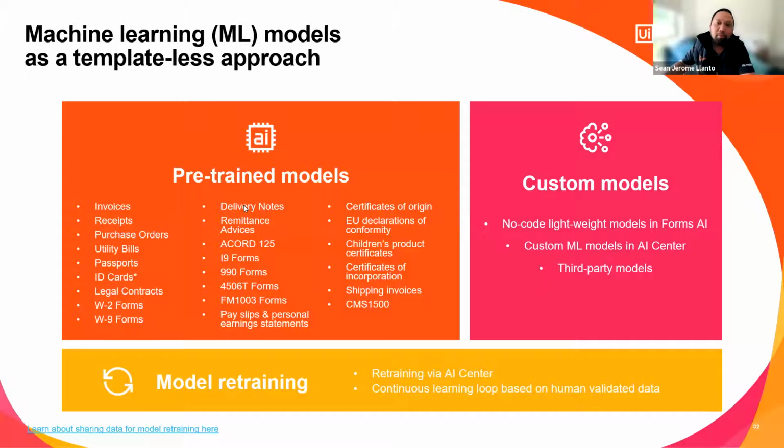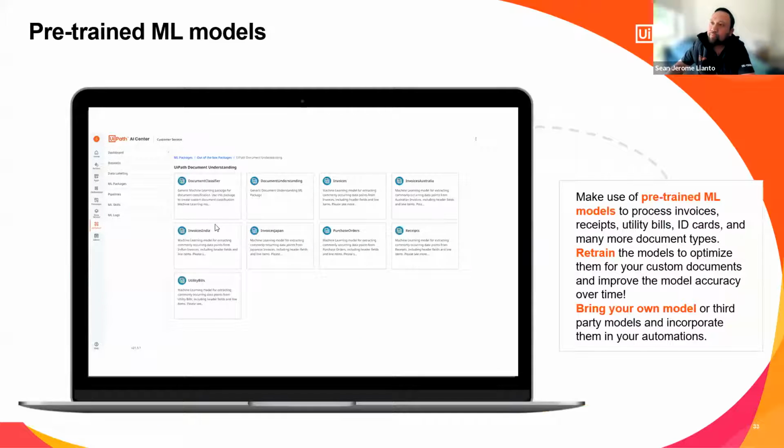That is where the remodeling and the retraining of the model comes in. So via UiPath AI Center, you're actually able to see those different pre-trained models as well. If we have time later, I'm actually going to show the different model types.